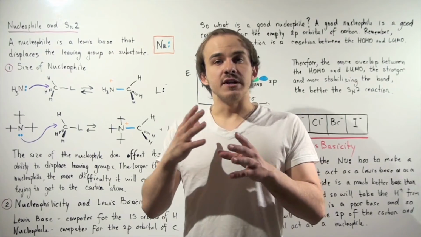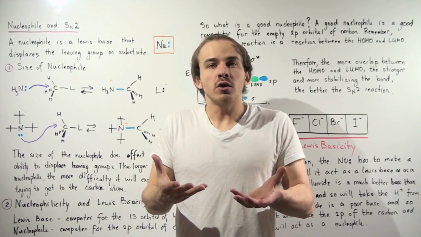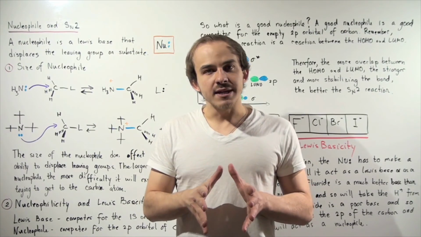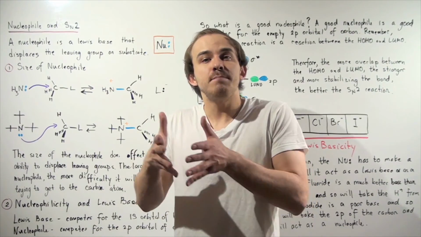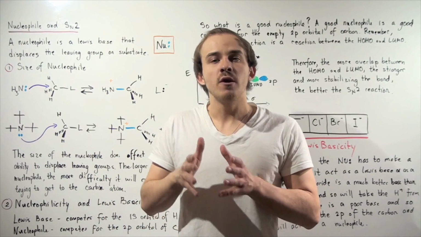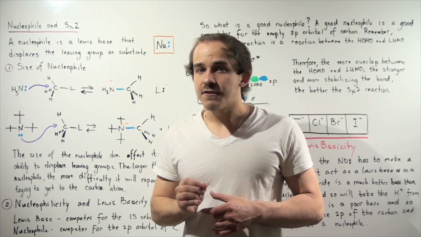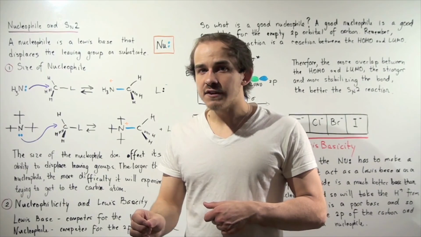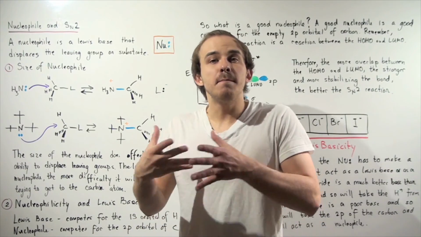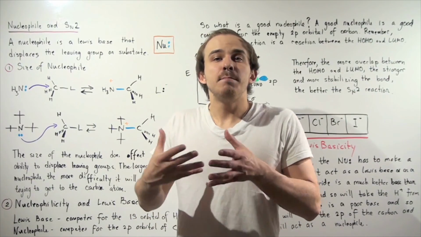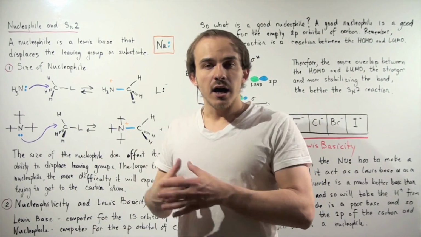Once our solvent disappears, we no longer have the stabilizing effect of our solvent, and that means our fluoride will be the best Lewis base, and also it will be the best nucleophile. But if we have a protic polar solvent, our iodide will be the better nucleophile because our fluoride is a better Lewis base than it is a nucleophile.